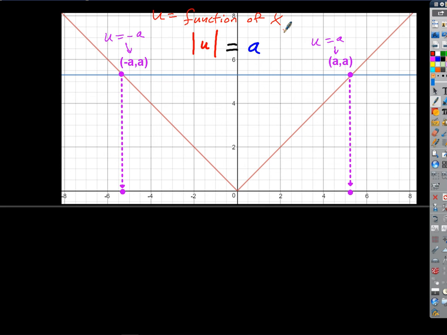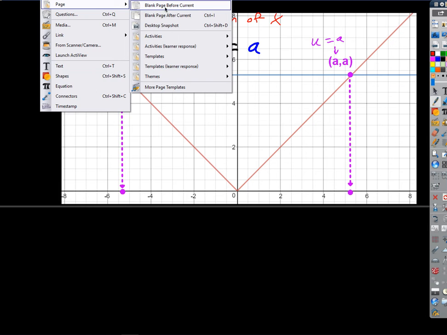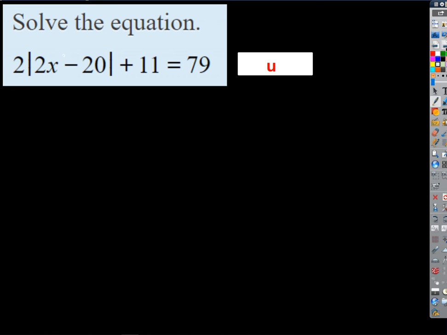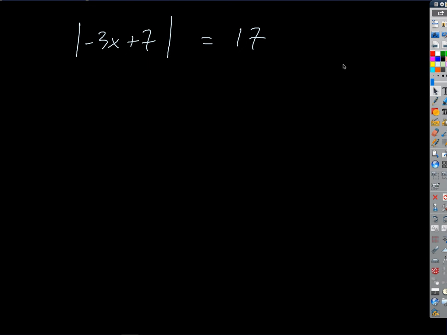So for example, if I have something like the absolute value of -3x plus 7 is equal to 17, well, we'll just make the substitution. We'll just call that U, right?